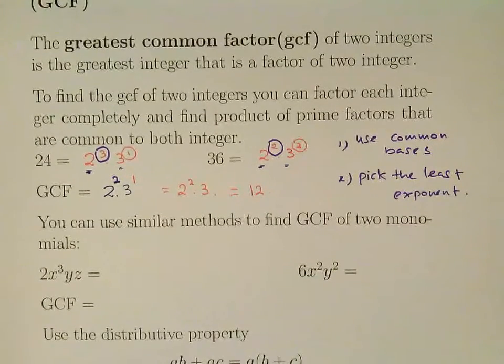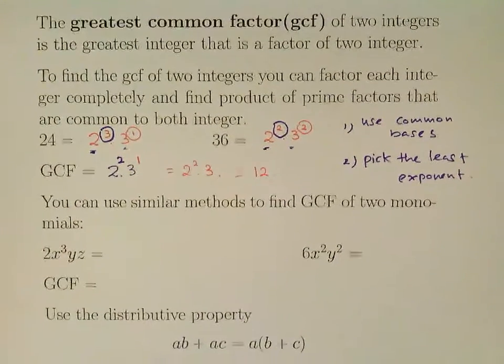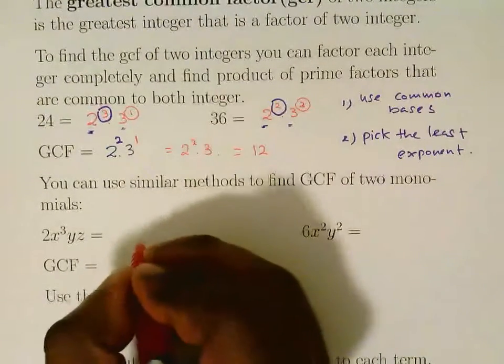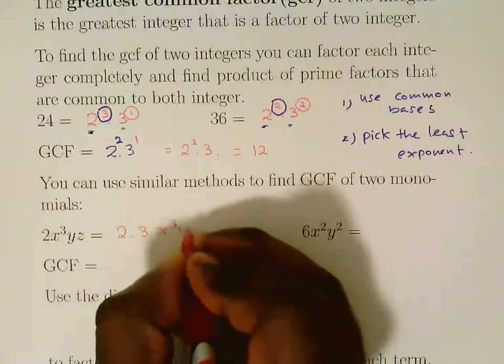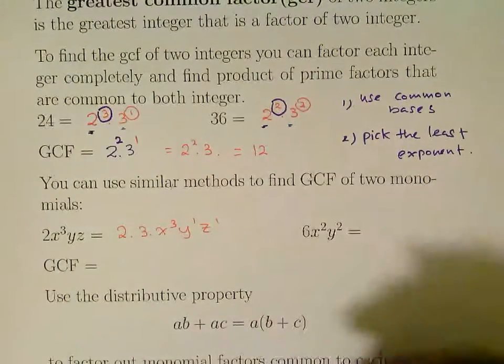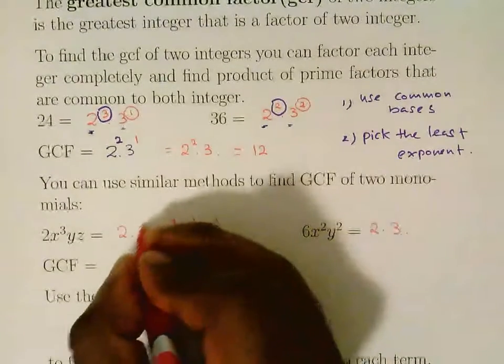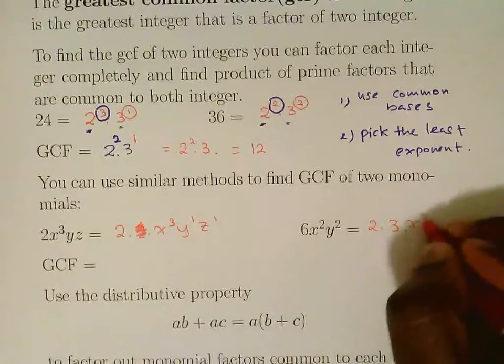Very similarly you can find the greatest common factor of two monomials. Let's find the prime factors. Here you have 2 times 3 times x cubed y z. Here you have 2 times 3 times, okay, there's no 3 here, sorry, 2 times x squared times y squared.